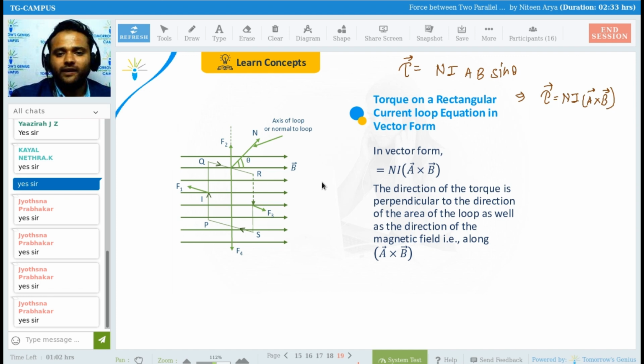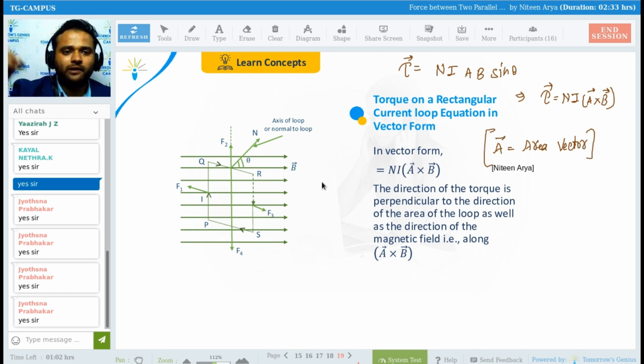Here A is the area vector. I hope and believe you know what the area vector is. Area vector is nothing but, for any particular area, if we have a normal at any particular angle theta, that normal is taken as the area vector. As simple as that. So the direction of torque, as I already discussed, is given by this sine theta.